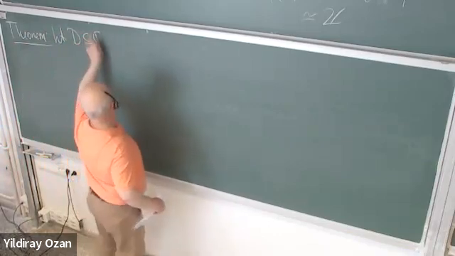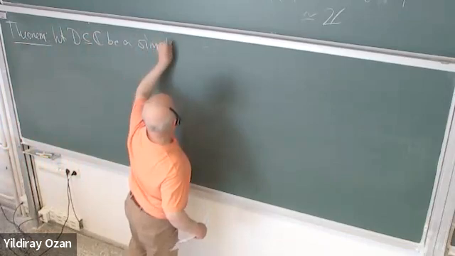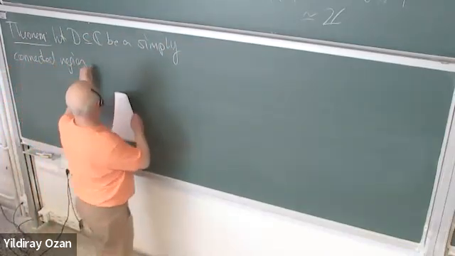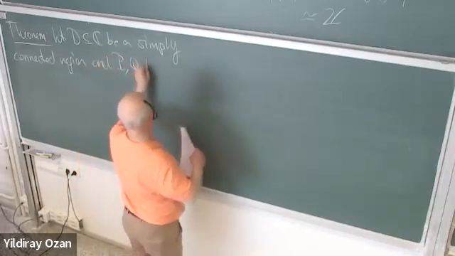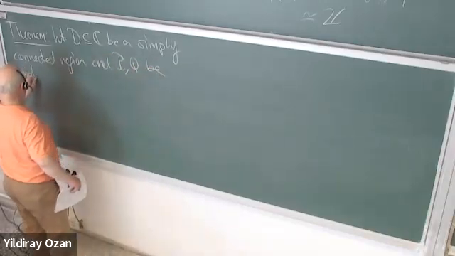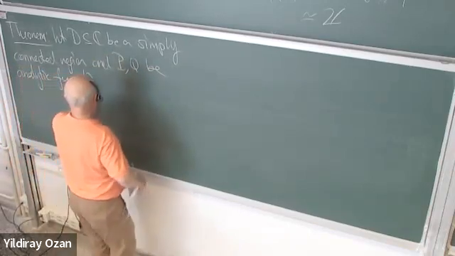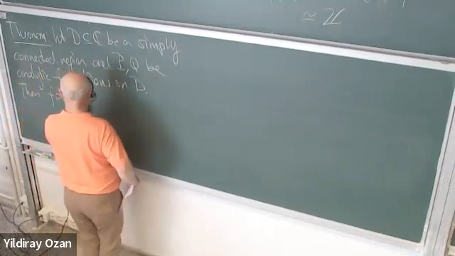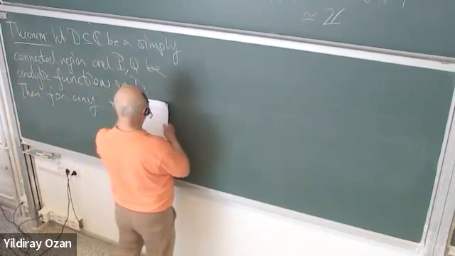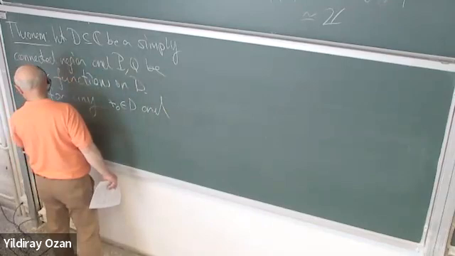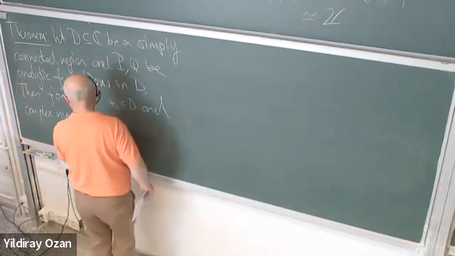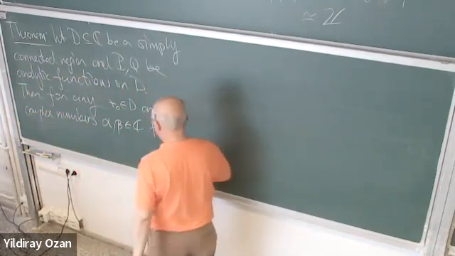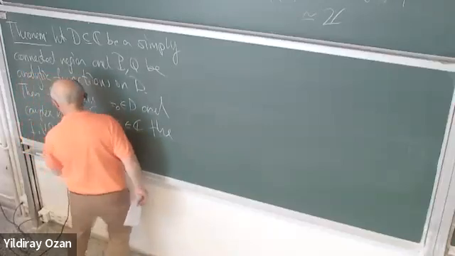Let D be a simply connected region, and P and Q be analytic functions on D. Then for any Z0 in D and complex numbers alpha and beta, the initial value problem, which initial value problem?